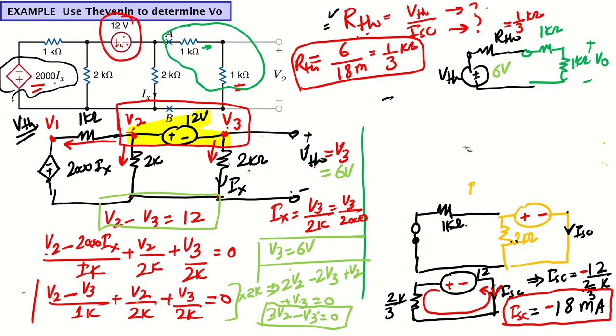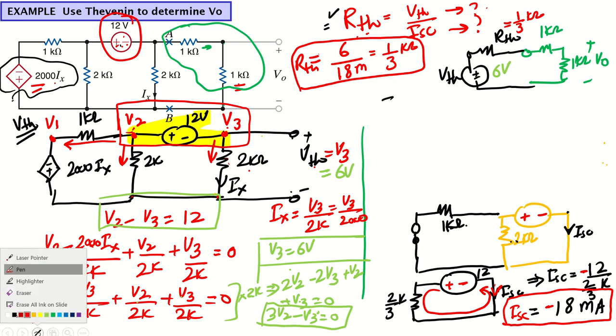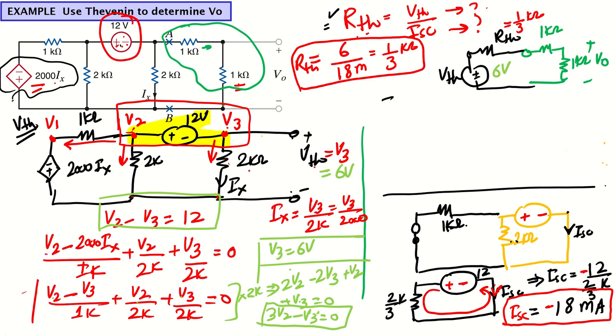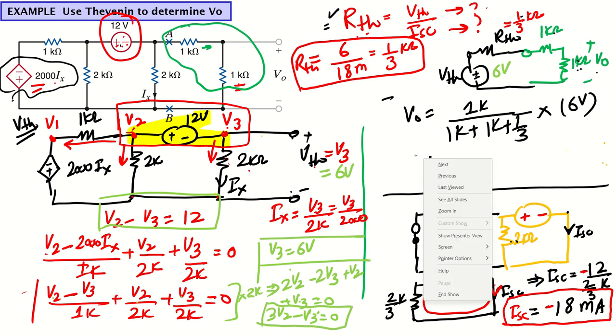This is a simple circuit, and the easiest way to find the output is the voltage divider. V out is this resistor divided by the total resistance. The total resistance is 1K plus 1K plus 1 over 3, times the input voltage, which is 6 volt.